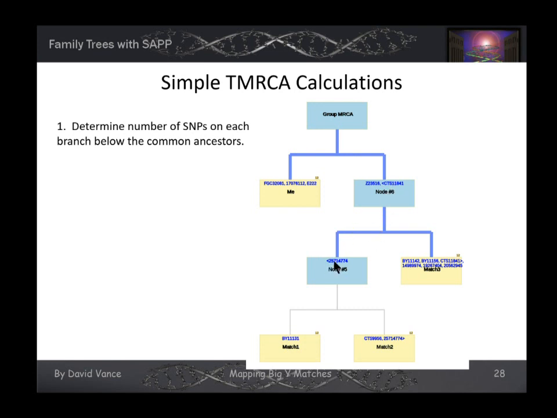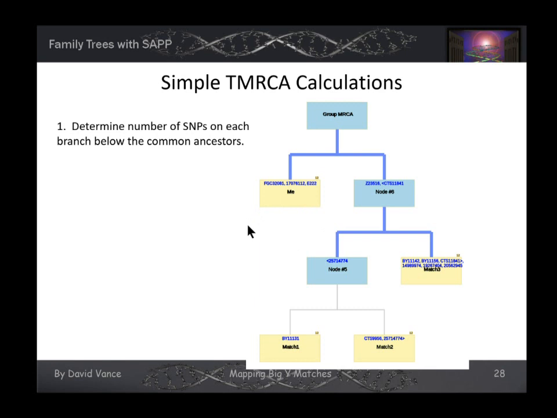If these two did not occur here, then I would have 2 SNPs up to the common ancestor. If only one of them occurred here, I'd have 3 SNPs. And if they both occurred here, I'd have 4. So I take from 2 to 4. I have an average of 3, so I'm going to call that line 3 SNPs up to the common ancestor.